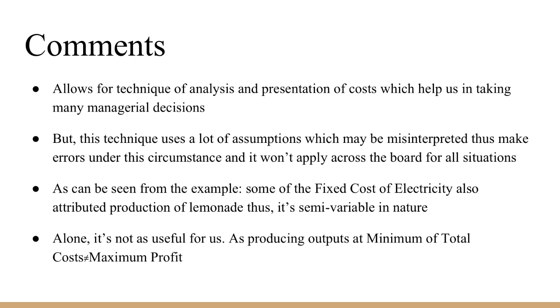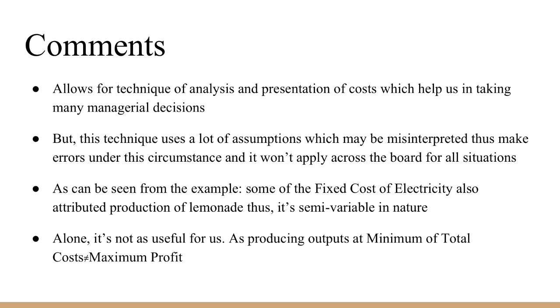It'll also not apply across the board for all situations. An example would be that some of the fixed costs of electricity also contribute to the production of lemonade, thus it is semi-variable in nature, which means it's very difficult and arbitrary to classify this cost into fixed and variable elements.